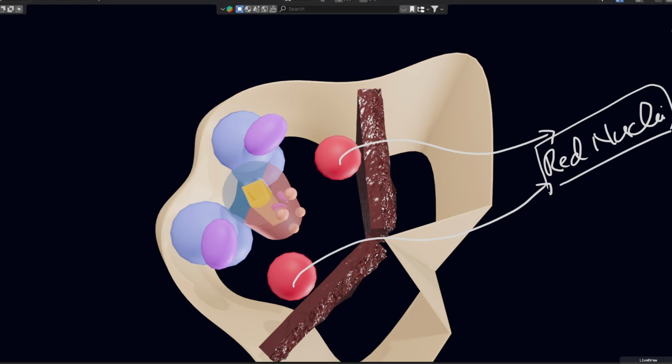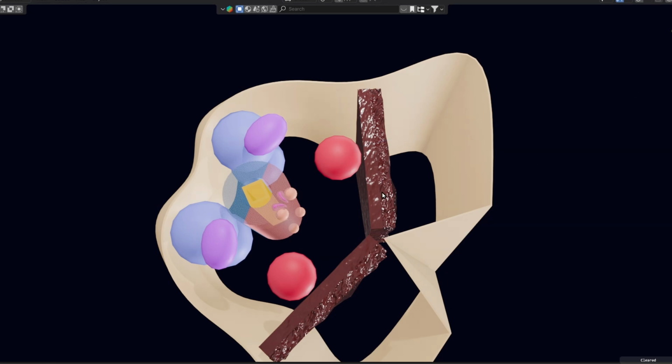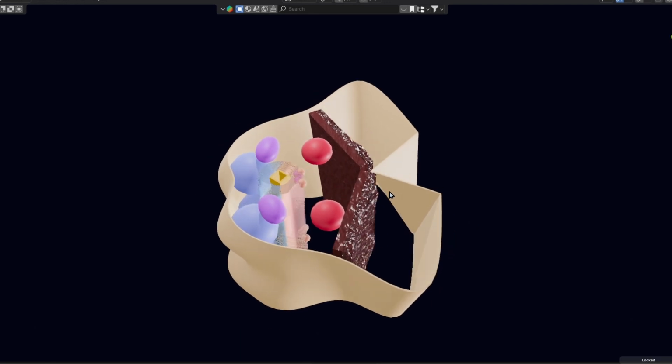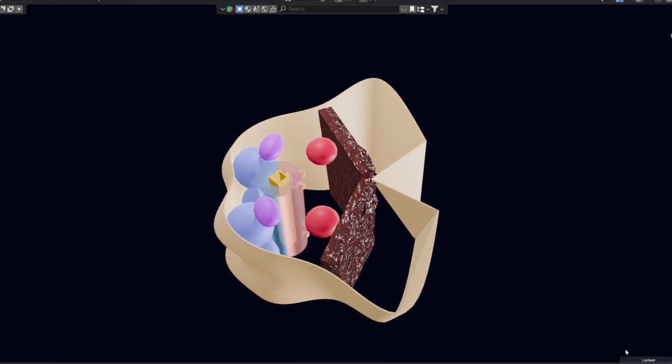Then the other important structure in this region, which looks like a chocolate brownie in this 3D model, this dark thing, is called substantia nigra, because it is dark in color. Again, I don't know why it is dark. Of course, I know that there is some dark melanin pigment here, but I don't know what its function is.